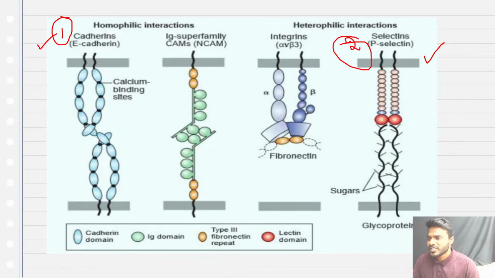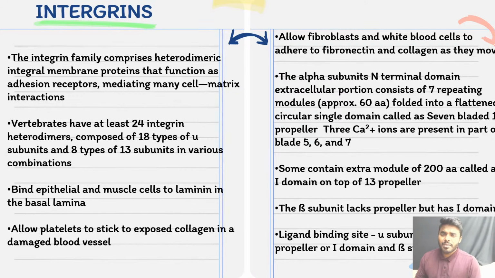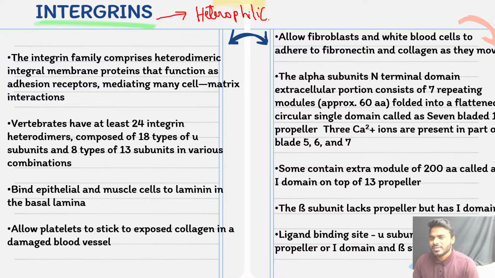So we read the first cell adhesion molecule, cadherin, second we read selectin, and the third we are going to read integrin. When you hear the name of integrin, what is the common statement you people have to remember? Of course, integrin molecule also associates through heterophilic interaction. There is no doubt about it.